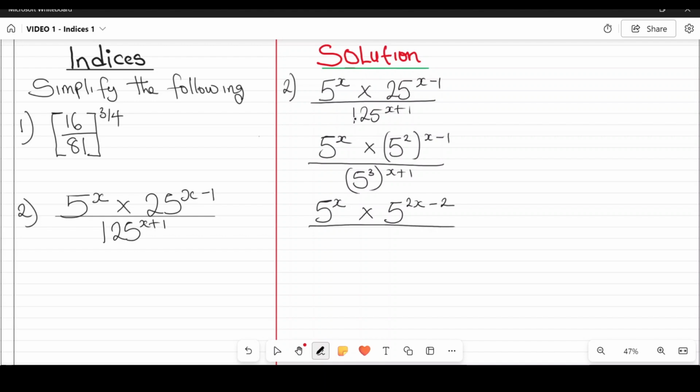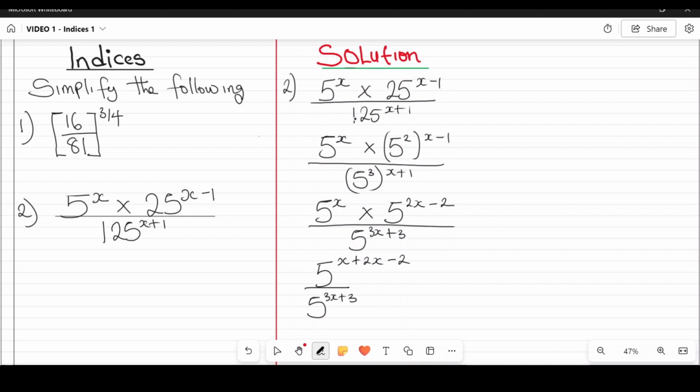At the denominator, we have 5 raised to the power of 3 times x is 3x. 3 times 1 is 3. Now, at the numerator, we have base 5, so we can add up the powers. We have that 5 raised to the power of x plus 2x minus 2, all divided by 5 raised to the power of 3x plus 3.